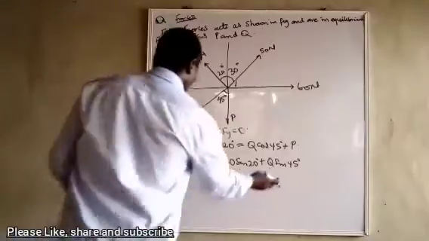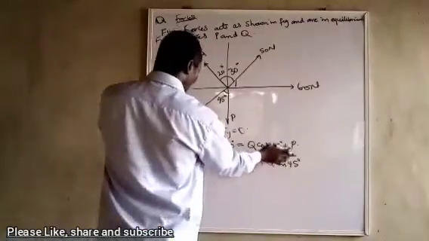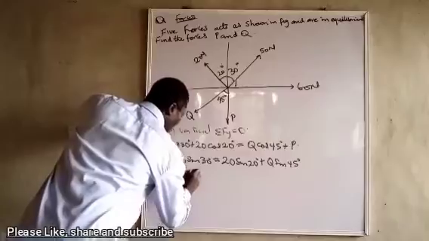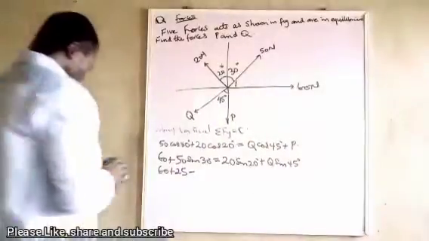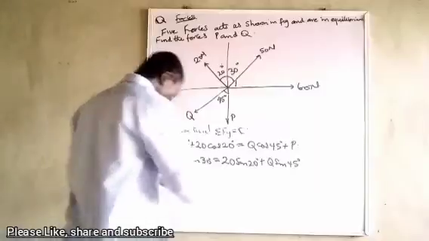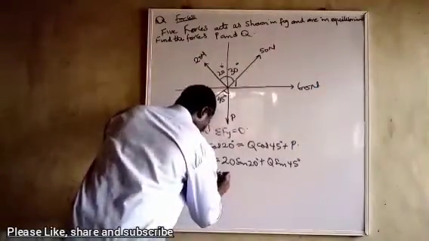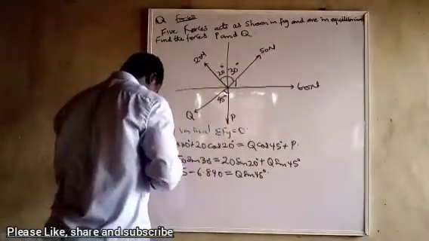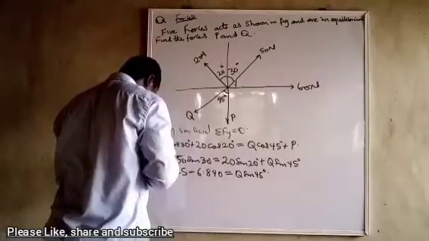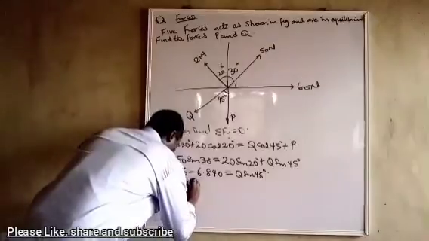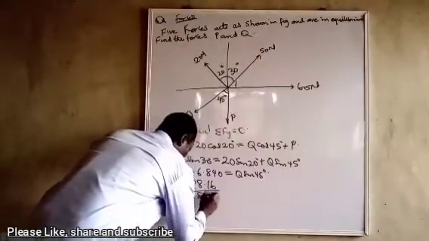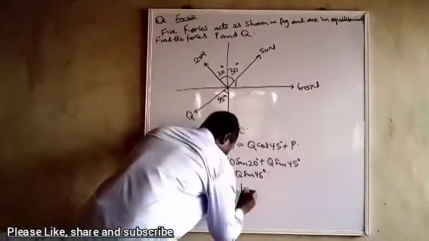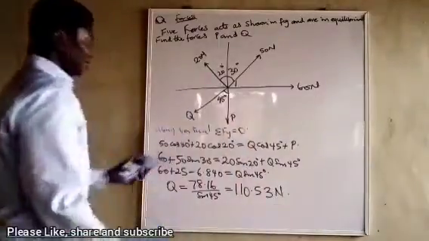So if you look at it, from the second one I can easily find Q, and from there I go and get P. So this is going to be 60 plus 25 minus, what is 20 sine 20? 6.84 is equal to Q sine 45 degrees. So Q is equal to 78.16 over sine 45 degrees, which is equal to 110.53 Newton. That is Q.